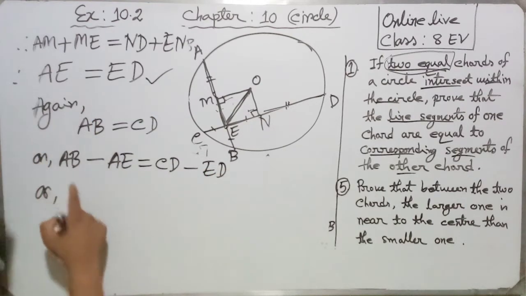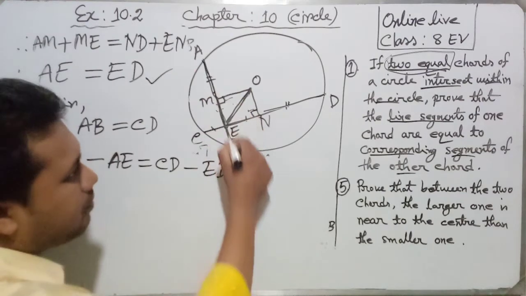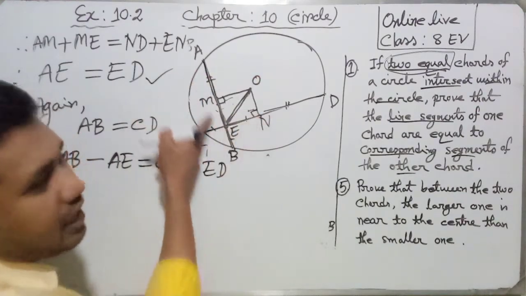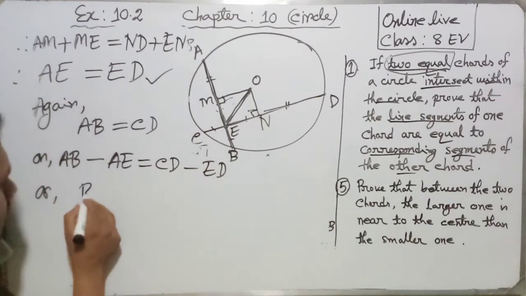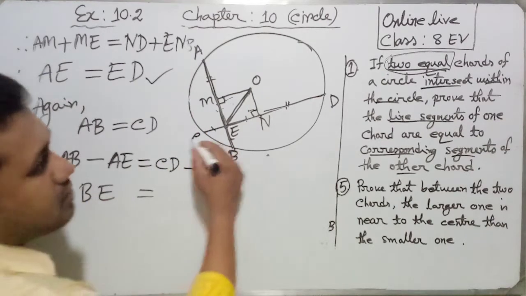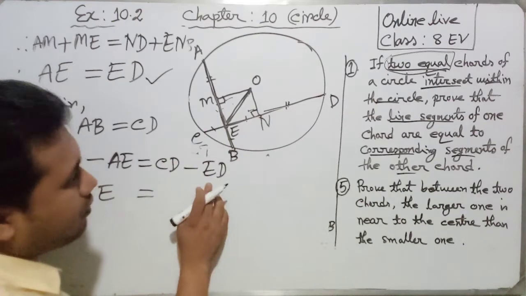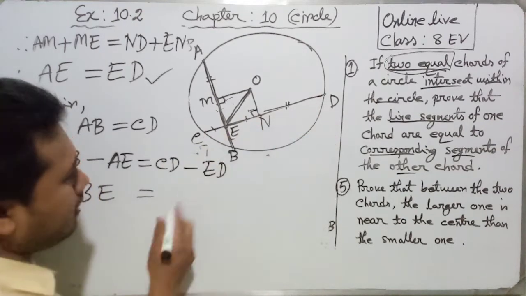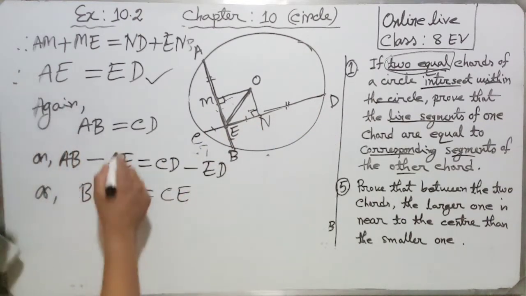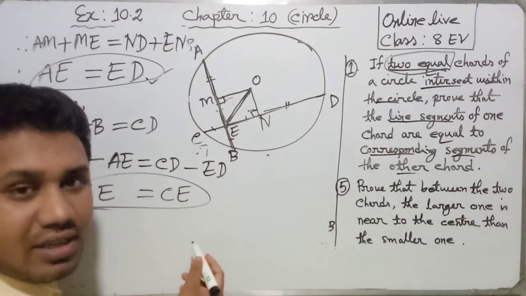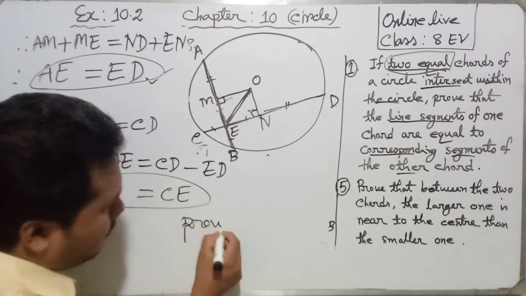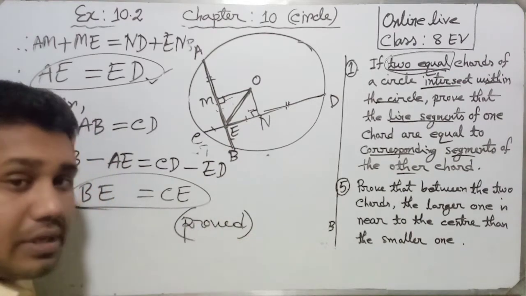Now dear students, look, AB minus AE, if we subtract AE, it will be BE. And CD, that means the whole chord, if we subtract ED, it will be CE. Now dear students, this one and this one, this is our required part, so we can say they are proved. Very simple dear students.